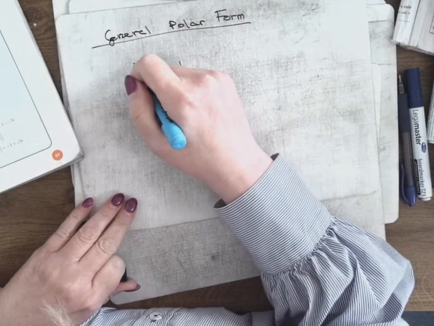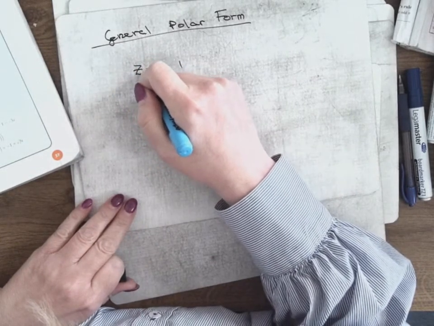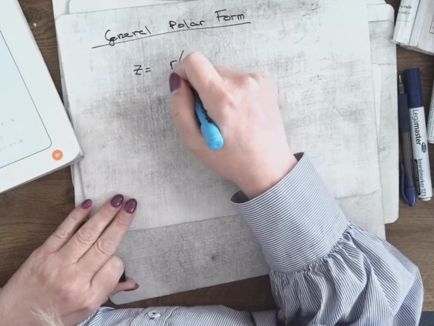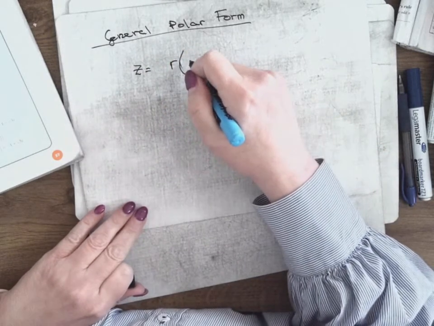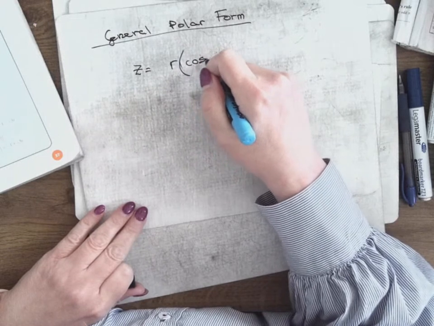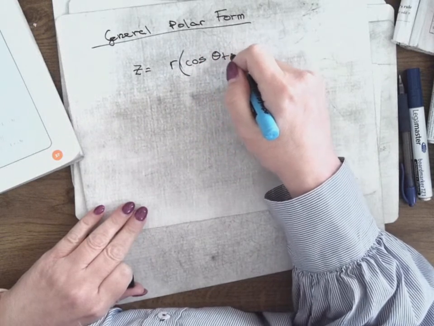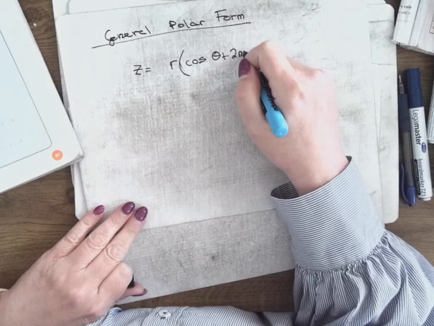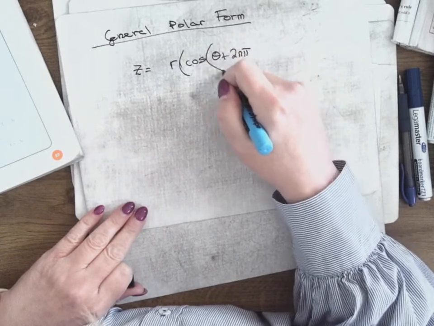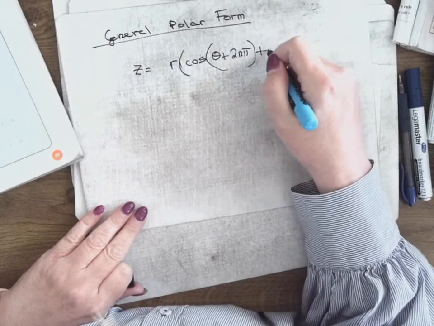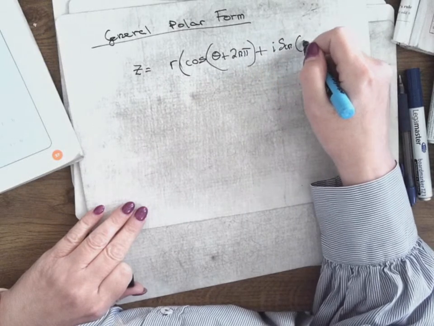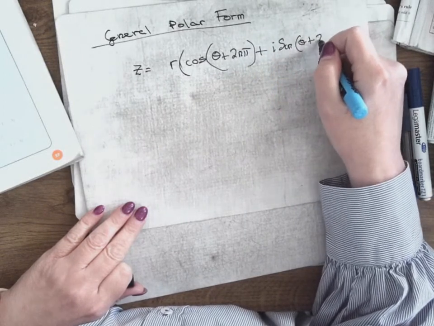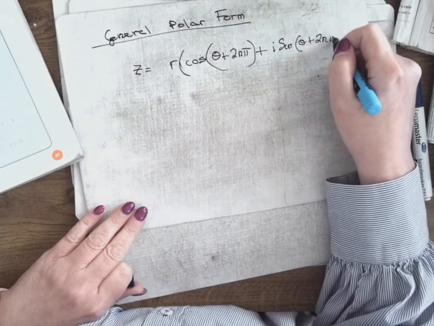So to write a complex number in general polar form, it's r, which is the modulus, times cos of (theta plus 2n pi), plus i sine of (theta plus 2n pi).